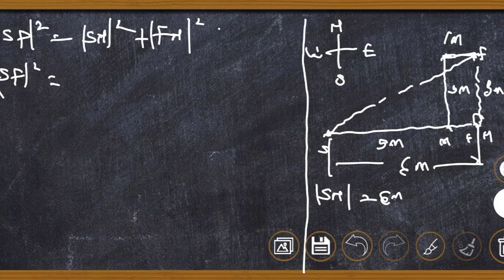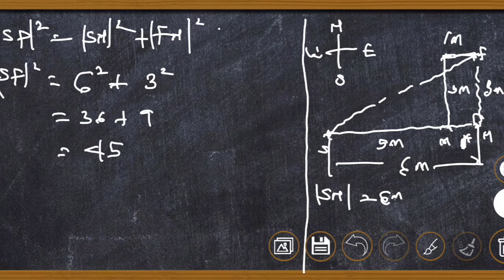XN is equal to 6 meters, since from X to M is 5 meters and from M to N is 1 meter. So 1 meter plus 5 meters gives 6 meters. So I have 6 squared plus FN, which is 3 squared. This gives 36 plus 9, which is 45.